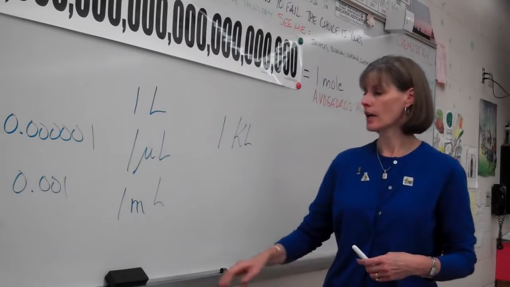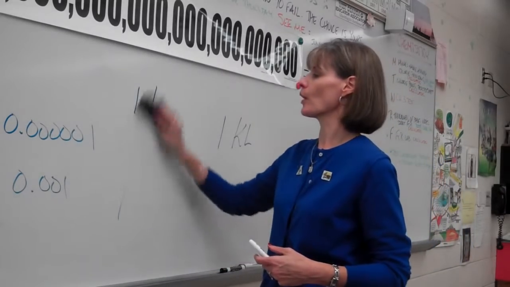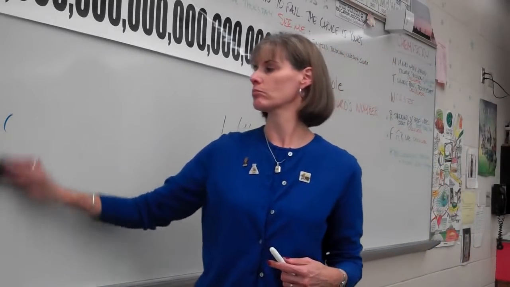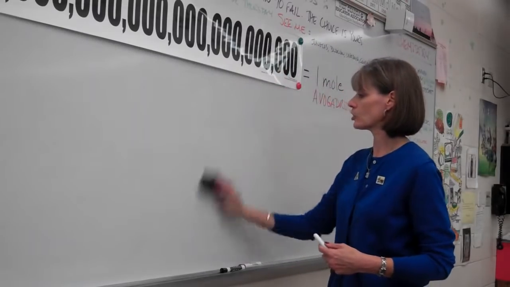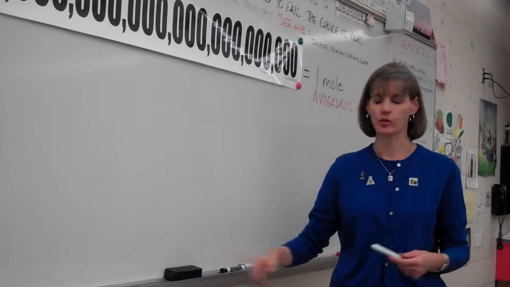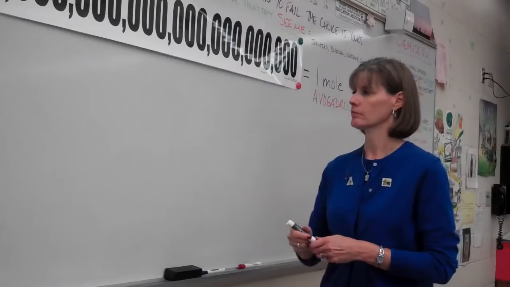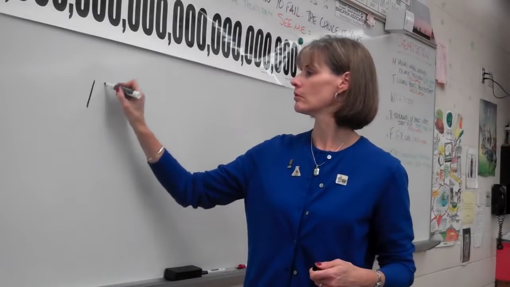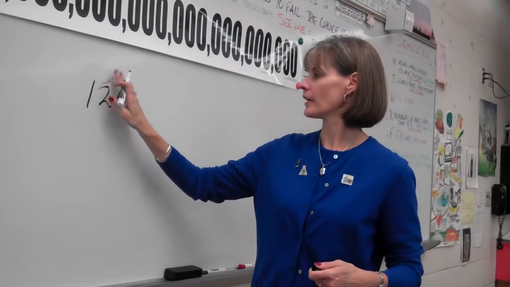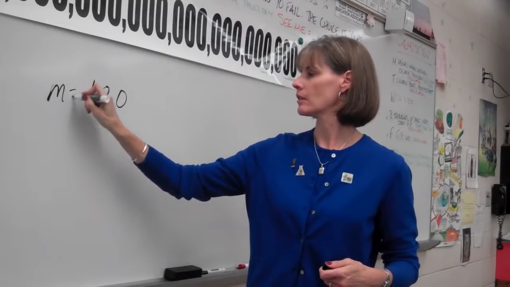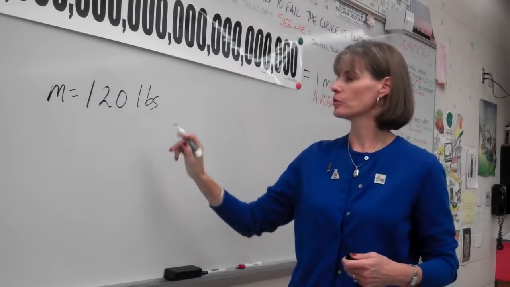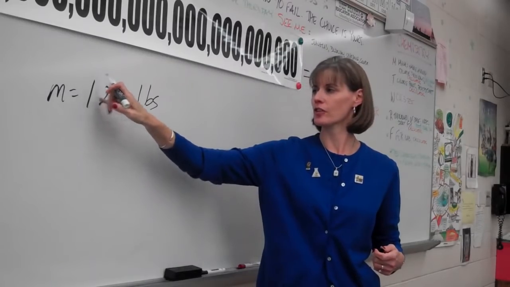Okay? If your weight on Earth is 120 pounds, what is your mass in the imperial system? If your mass is 120 pounds, we'll use the imperial system instead of metric for a second.